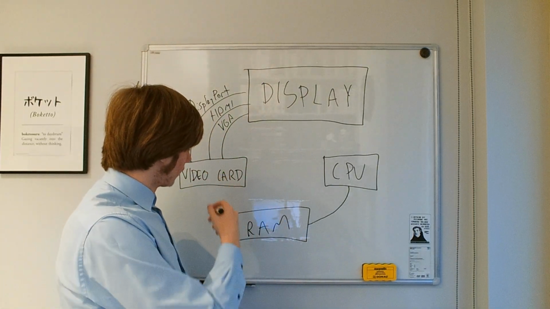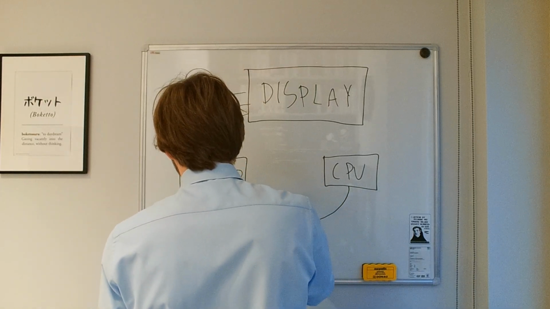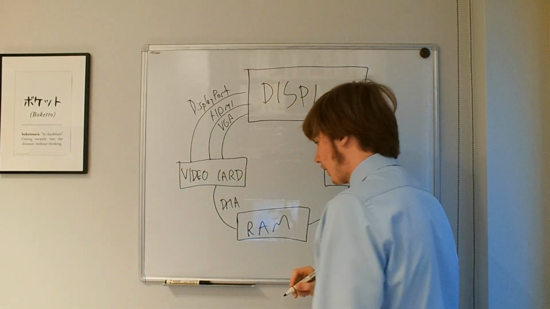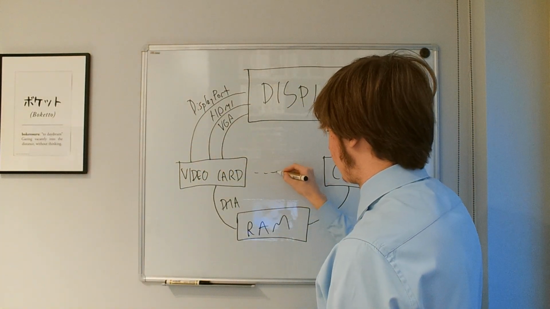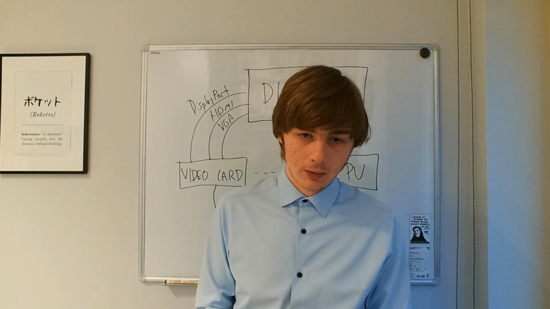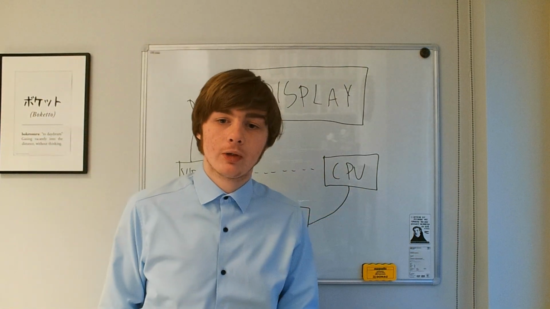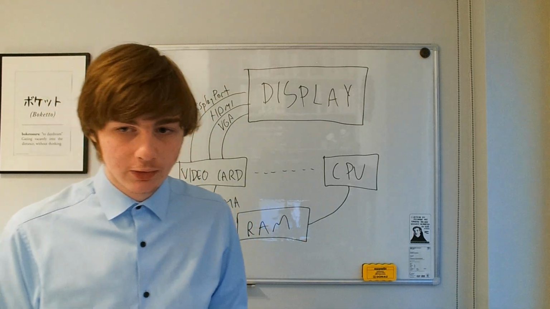then the video card will take this information from the RAM either through something called a DMA channel or direct memory access, or it will have to communicate with the CPU in order to get access to the random access memory. The exact method is irrelevant here.